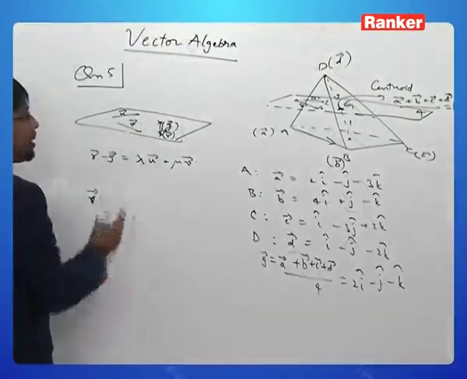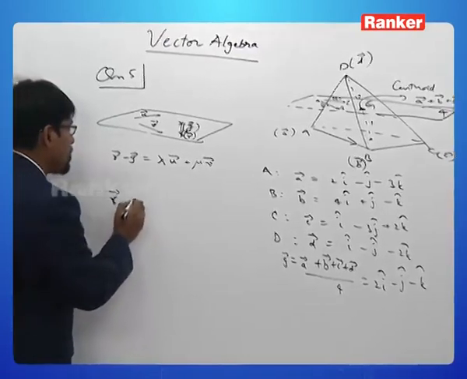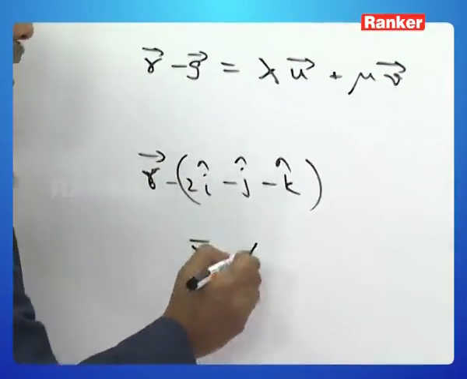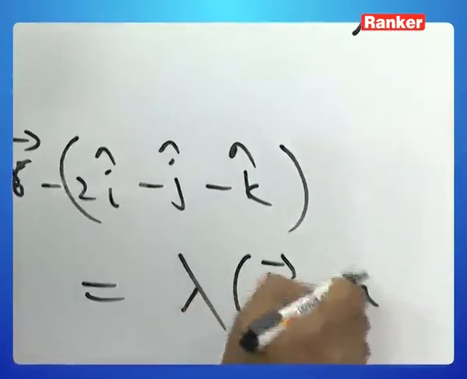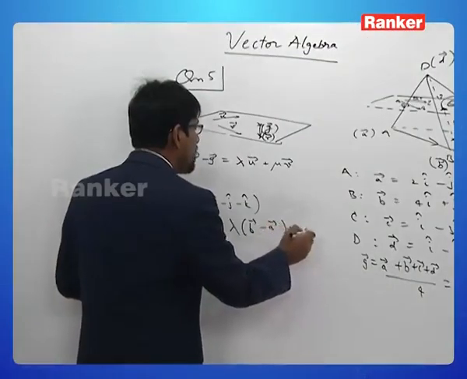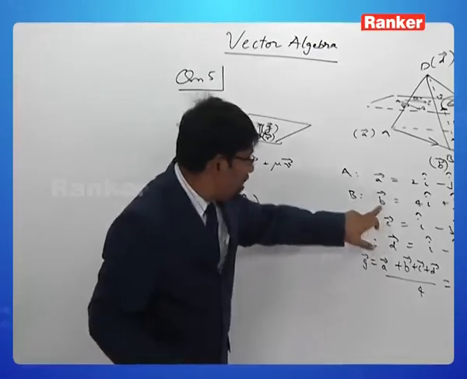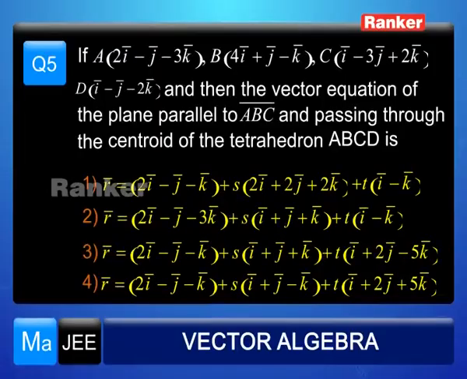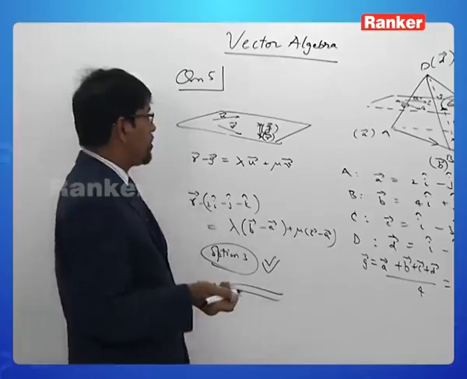So now the equation of the plane can therefore be written as r bar minus (2i minus j minus k) is equal to lambda times (b bar minus a bar) plus mu times (c bar minus a bar), and that is clearly seen in option 3. Also, by verification you can see that option 3 matches with this. So that's how it is.